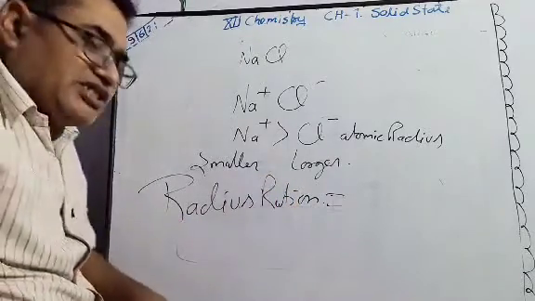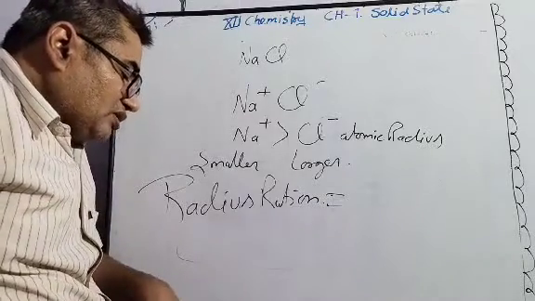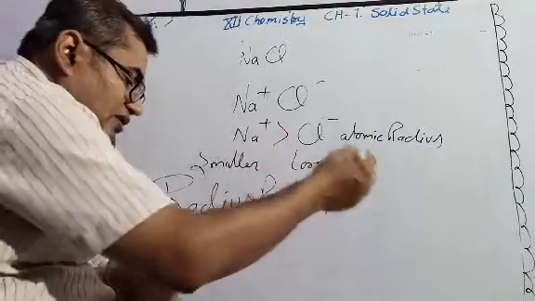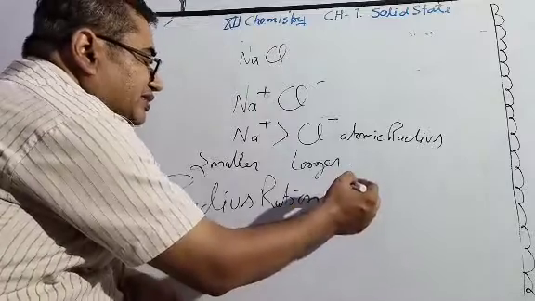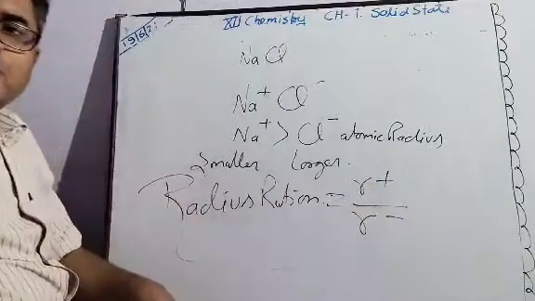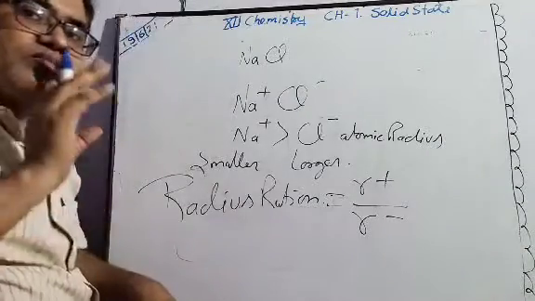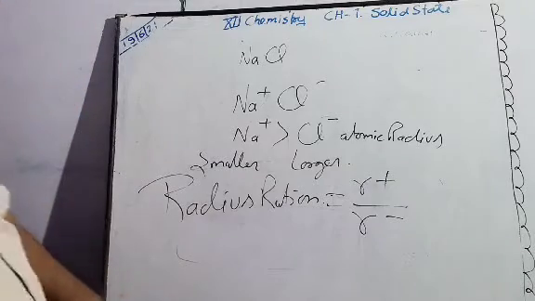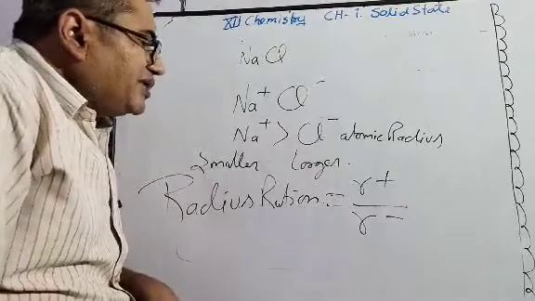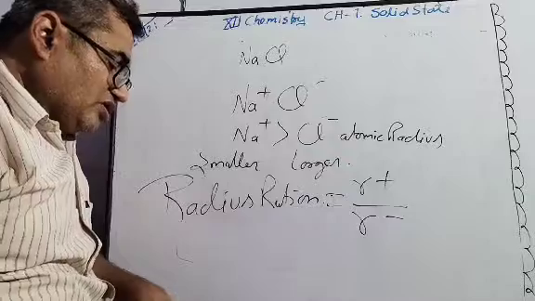Radius ratio is the ratio of the radius of the cation to that of the anion in an ionic crystal solid. The radius of the cation is represented by r plus, and the radius of the anion by r minus. So this is r plus and this is r minus. This is the formula of radius ratio.